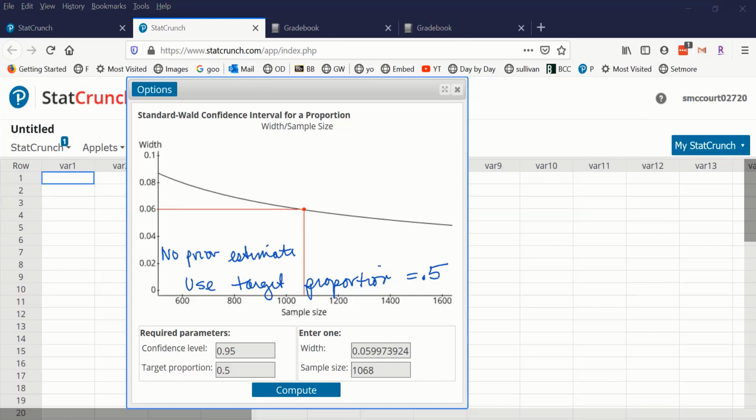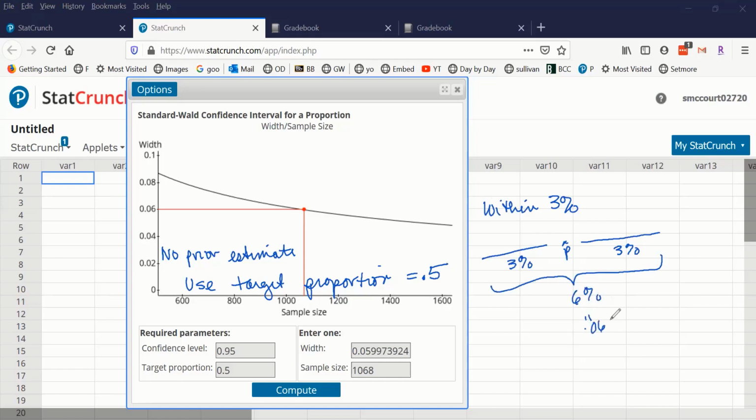So within 3% means you have your p hat in the middle, and you have 3% on this side and 3% on this side. So the width is 6%. Oh, okay. And that's 0.06. Okay. Gotcha. No, that's a good question.